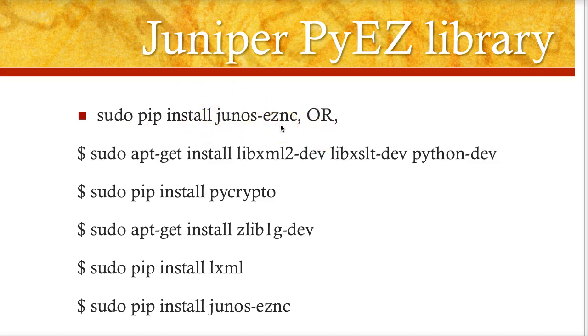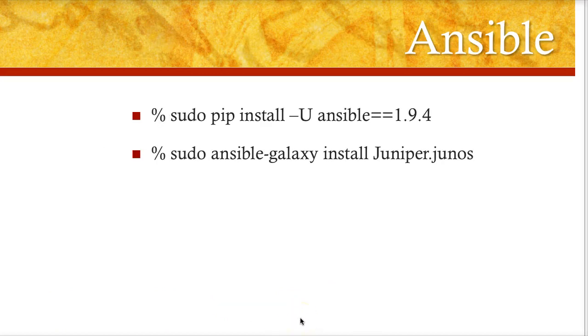Otherwise, it's difficult to use just one command line to install PyEZ. There are a couple of libraries you have to install on your Ubuntu first before you install the Junos PyEZ library, which is the last step. Then after that you can install Ansible and then the Juniper role.